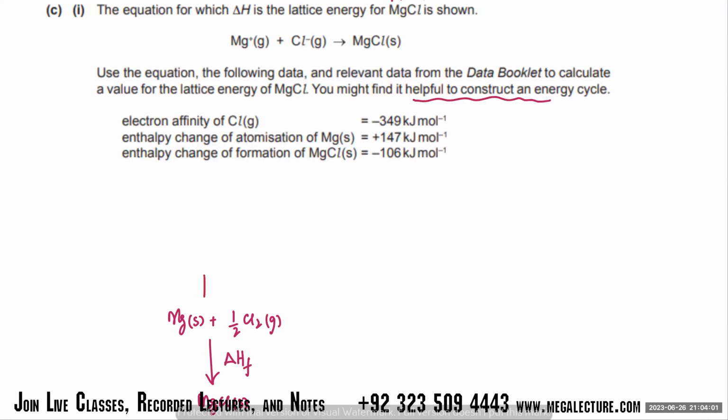I'm going to atomize everything in one go. So I'm going to get Mg gaseous atom, that's endothermic, and Cl gaseous atom, that's also endothermic. I'm going to ionize them in one go, and I'm not going to form Mg2 plus, I'm going to form +1. I have to just follow what they're doing.